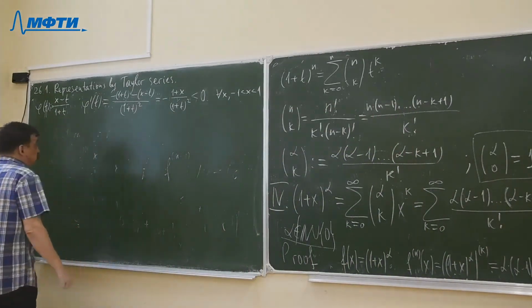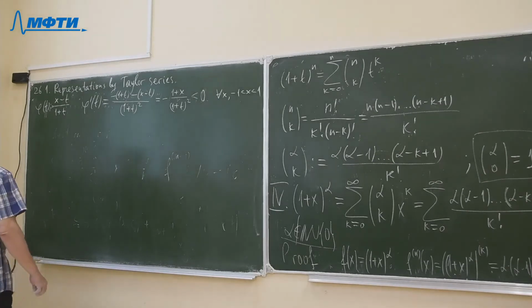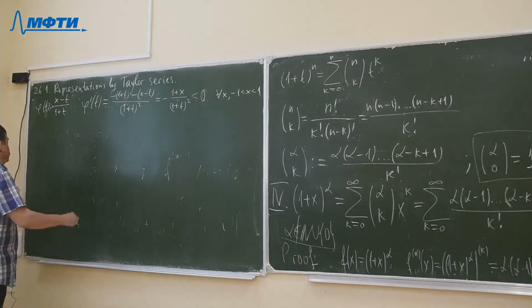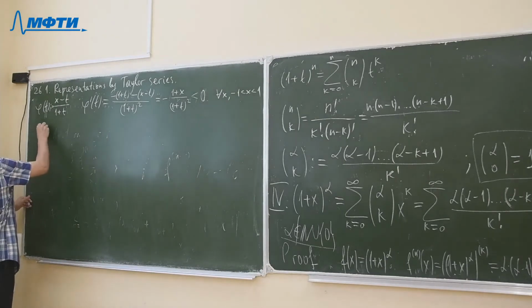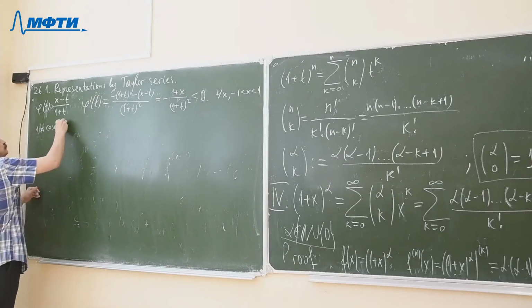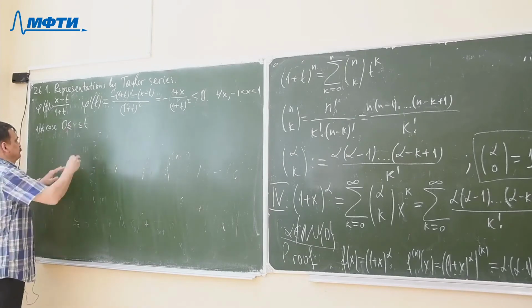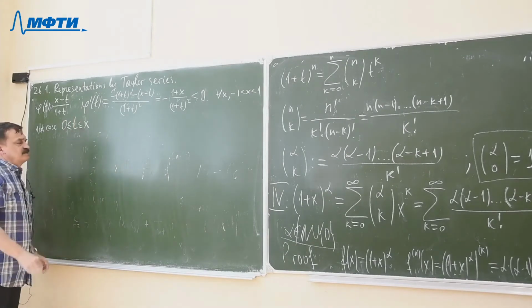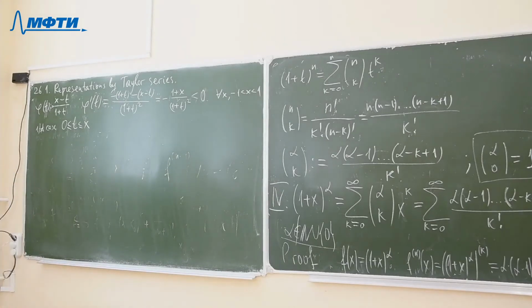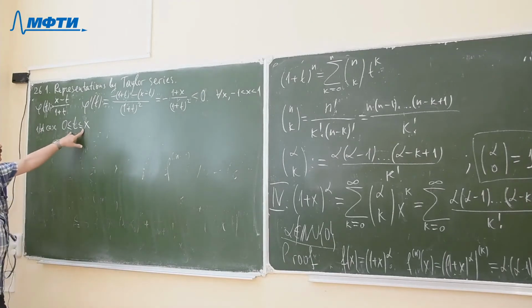So the function phi is strictly decreasing, and then we have two possible cases. First case, if x is non-negative, t is between 0 and x, then we know phi is decreasing.